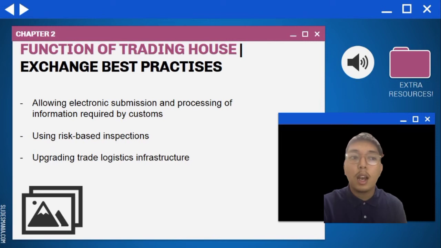Efficient ports are not only technologically advanced, using robots or automated container handling, but also employ digital platforms such as port community systems to ensure the smooth and reliable transfer of information between all members of the seaport network.